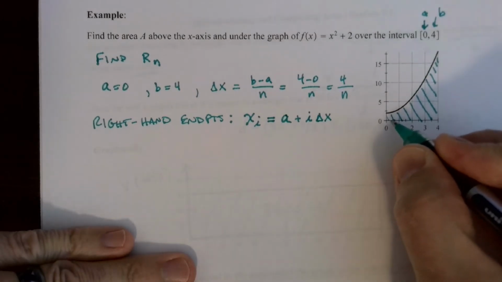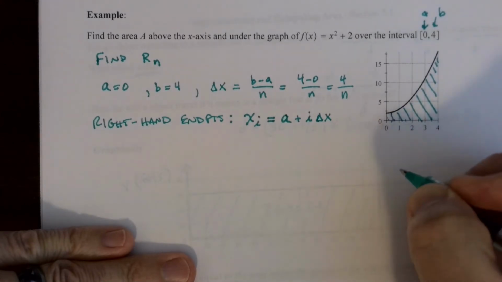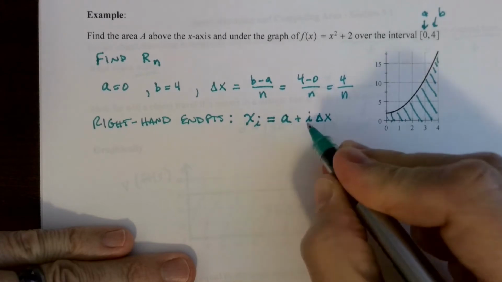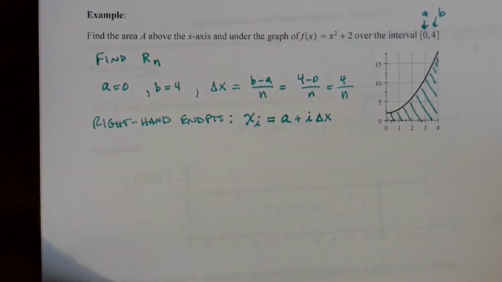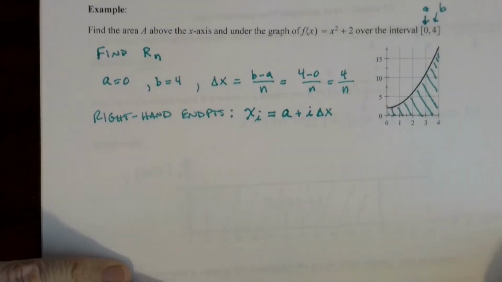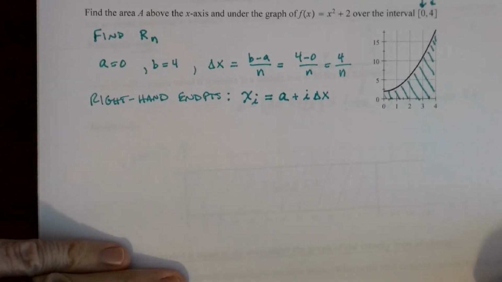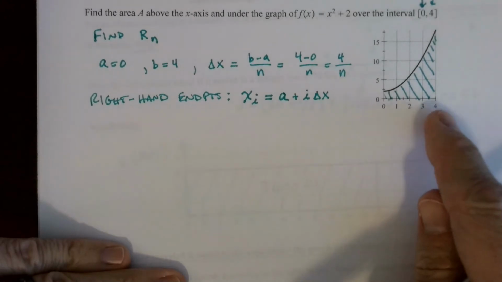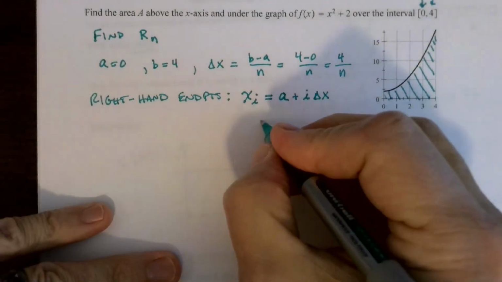And that's going to give me the information I need to find the height of the rectangle, since I'm using right-hand endpoints. For when i is 2, I get a plus 2 times delta x. So that will move 2 over, and I'll be at x sub 2, which is the right-hand endpoint for the second subinterval. X sub 3 is the right-hand endpoint for the third subinterval, and so on, all the way until i is n, which we will get x sub n, which of course in this case is equal to 4. So what is the x sub i's then?